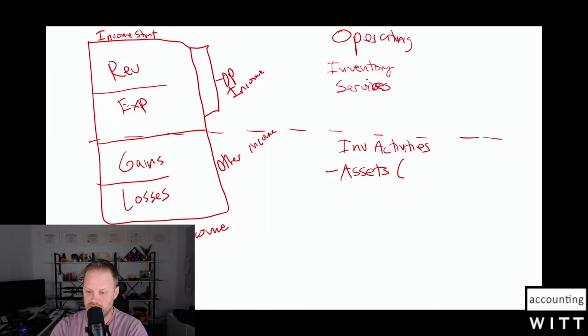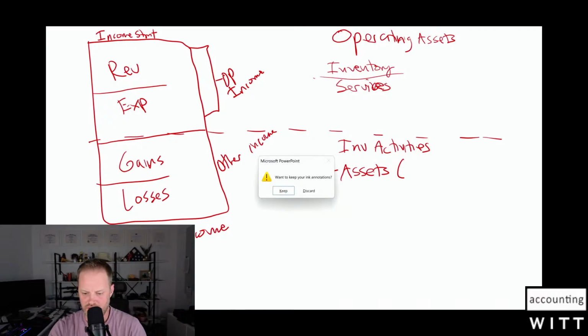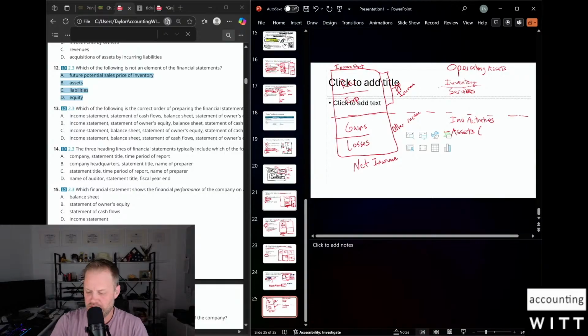Well, things that are not inventory, basically. So I want to go back and see how the book defines it, but I want to make some kind of chart like that that helps you identify this line between the income statement.